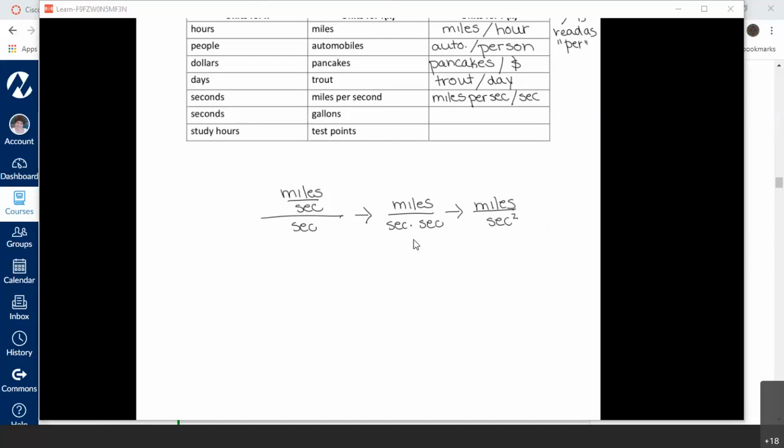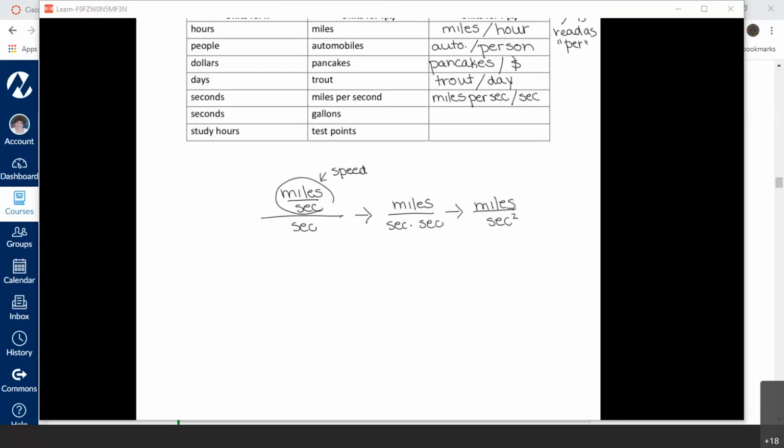You might think of this as a velocity or a speed, right? Miles per second. How fast is the baseball going, or whatever it is, the bullet probably? Or maybe even a satellite, something that travels really fast. And if you want to know how fast its speed is changing, then you're asking about a quantity called acceleration, and acceleration can be either positive or negative.